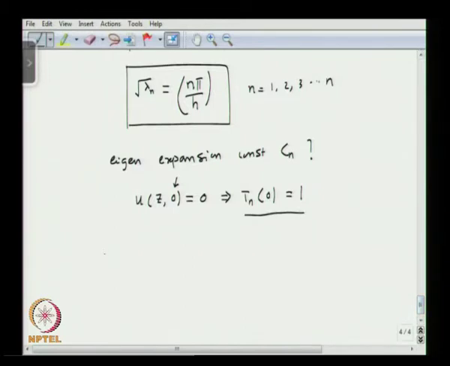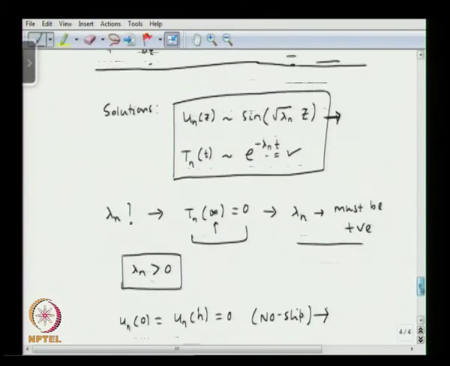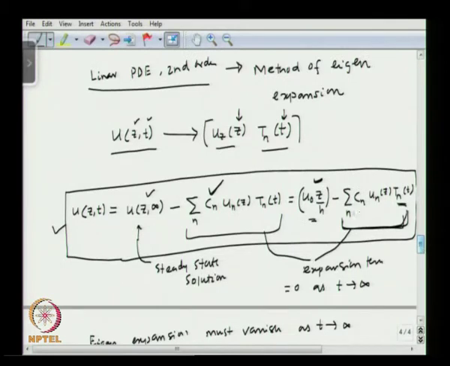So, what we get from here is the summation n equal to 1 to infinity Cn sin(n pi z over h). This term Cn into Un(z), Tn(t) is becoming 1.